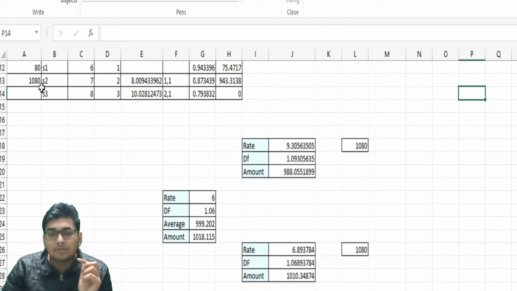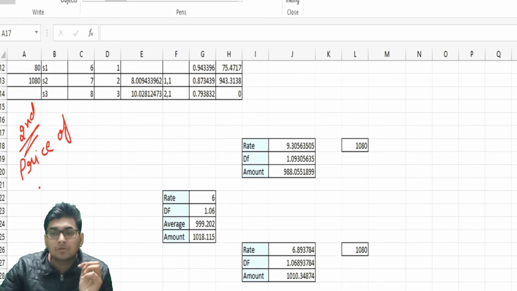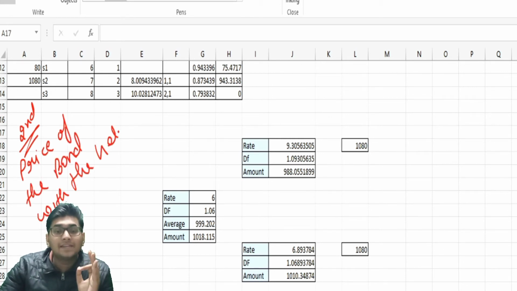This is something which I really need to find out. Clear? So while doing so, I need to create a tree.